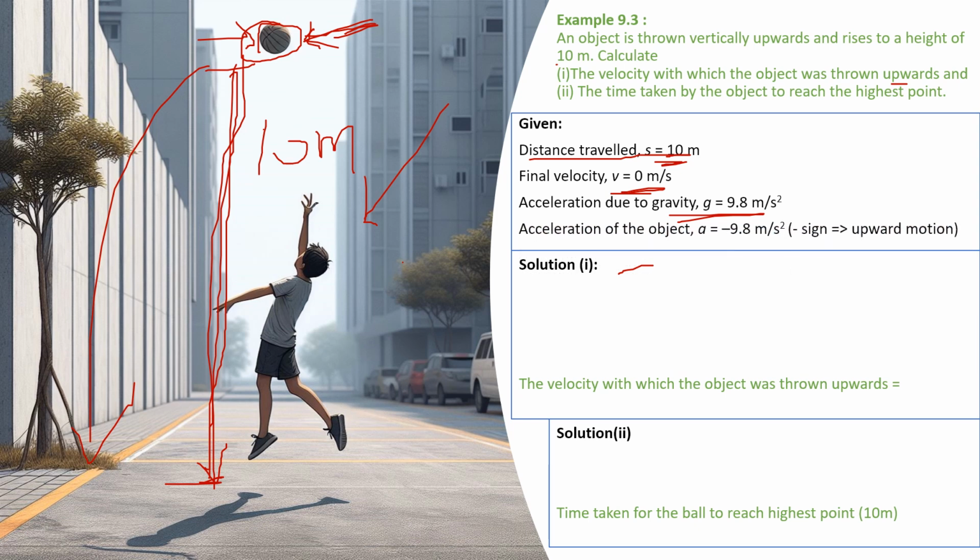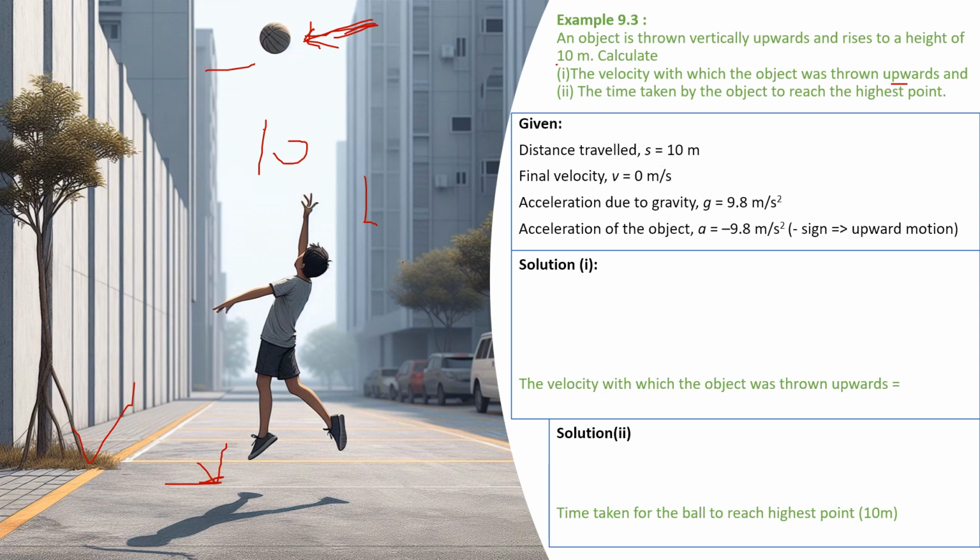Now it is something interesting. You need to think about where people might make mistakes. Look at the acceleration of the object. The Earth is attracting, so the acceleration due to gravity is downwards, which I take as positive. Correct.